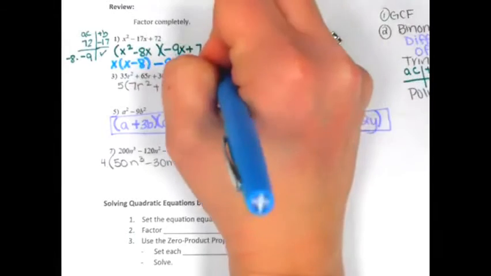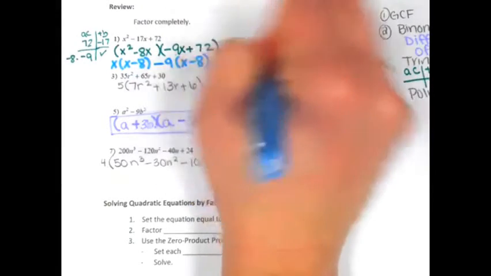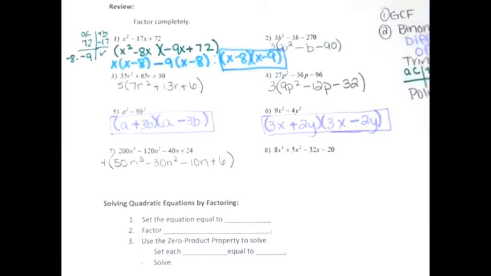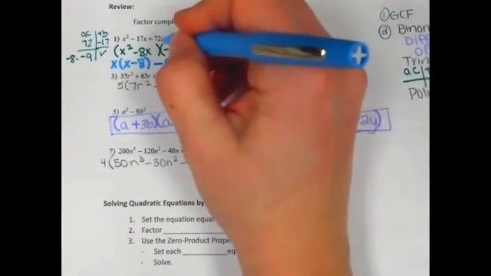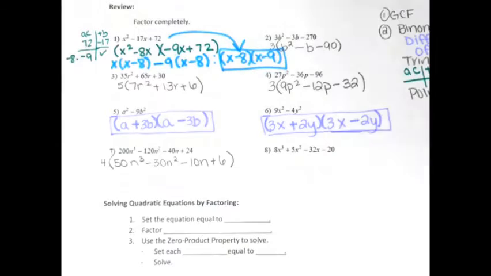So for this one, you have x minus 8 times x minus 9. Now, when a is 1, remember, you don't necessarily have to do the grouping. Your factors automatically make your binomials when a is 1. But does it matter which method you use? No.